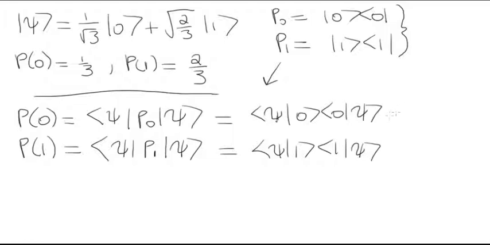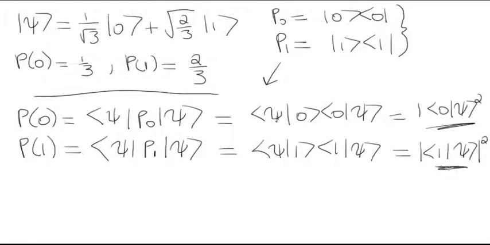Now remember, this should look familiar. From the previous tutorial, we said that this is just like the modulus squared of something, and in fact it's the modulus squared of the projection of 0 or 1 onto the ket psi. So these two things are what we want to actually calculate. This is the definition of a projective measurement on a qubit.